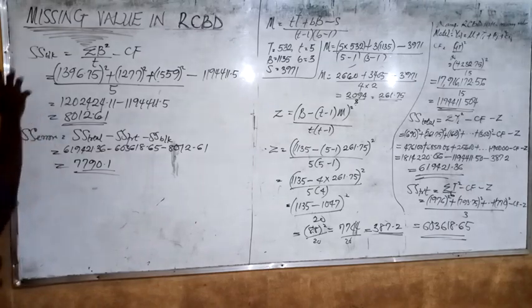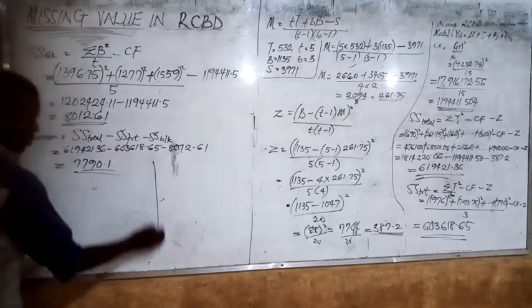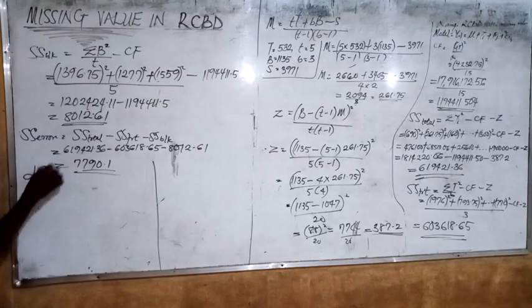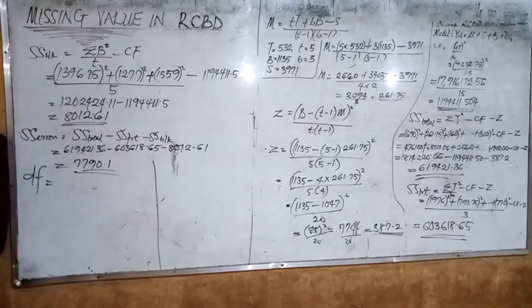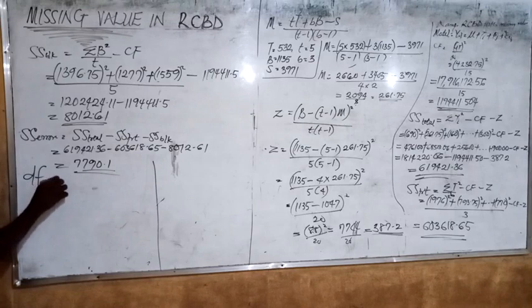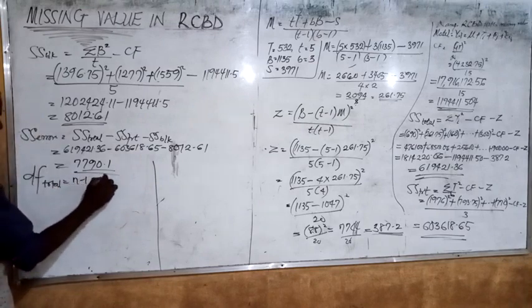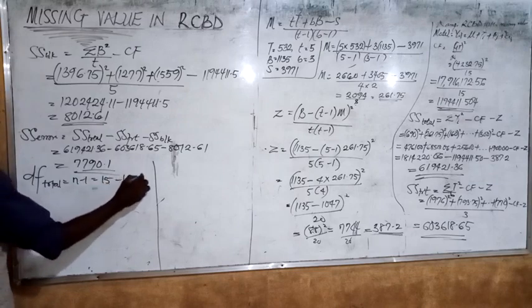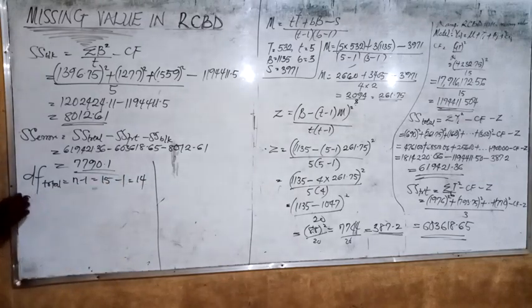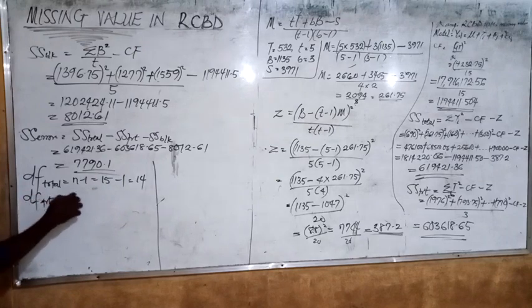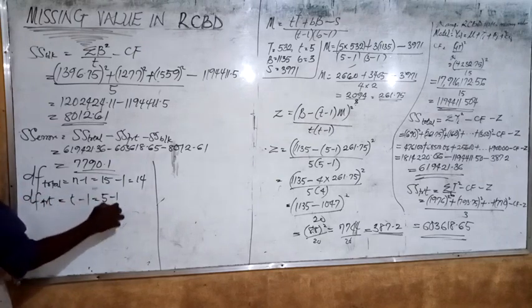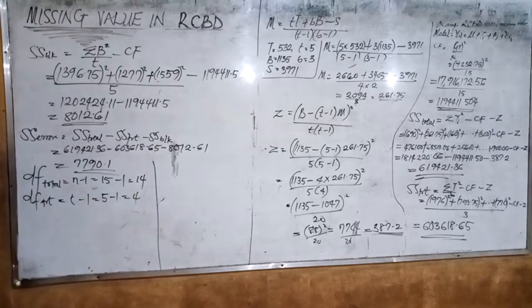Then after calculating all our SS, we calculate our DFs. DF total is n minus 1, which is 15 minus 1, that is 14. DF treatment is treatment minus 1. We have 5 treatments, so 5 minus 1 equals 4.